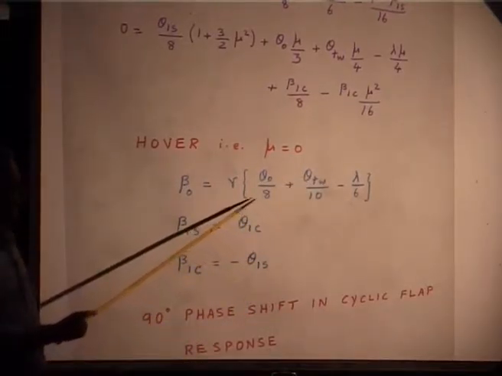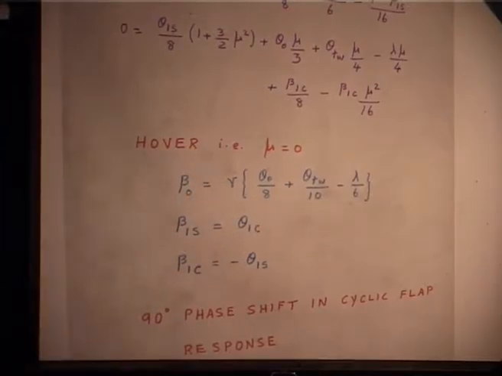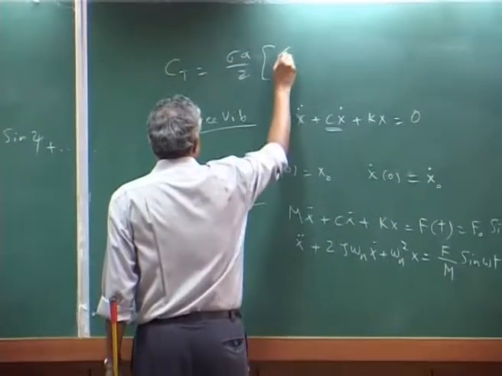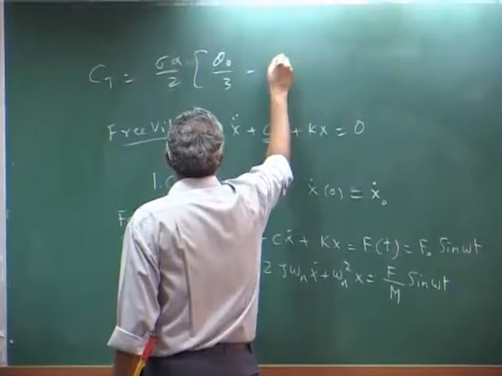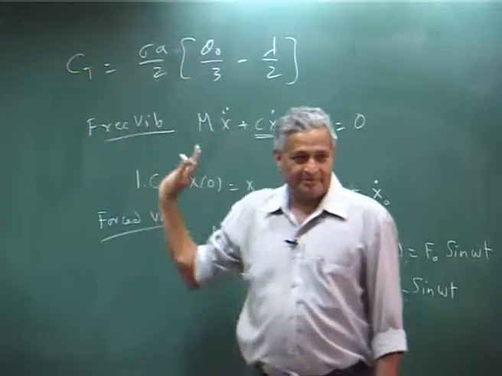This term looks somewhat like CT, okay. Somewhat, it is not exactly, because CT is sigma A over 2 into theta naught by 3 minus lambda by 2 in hover, okay.